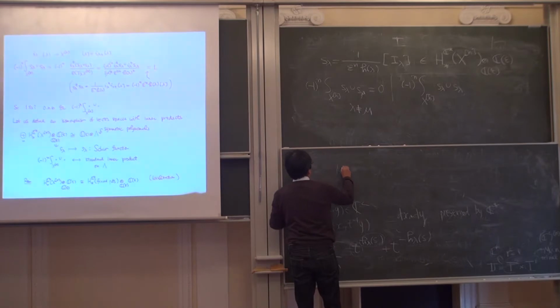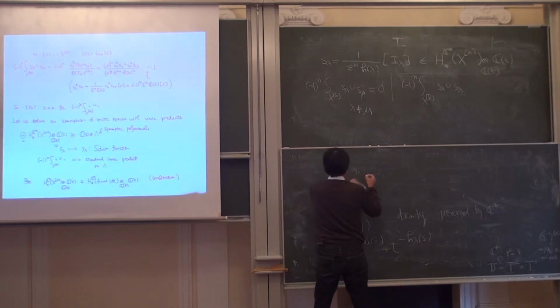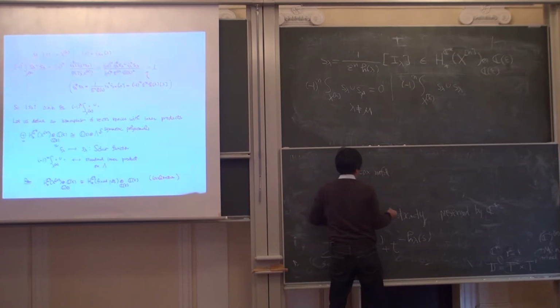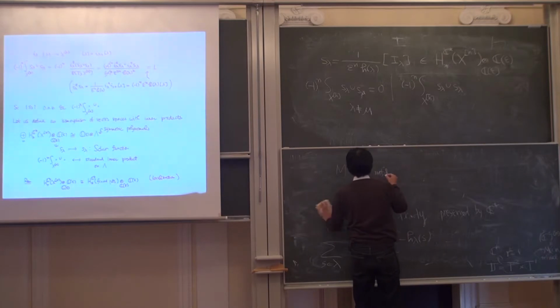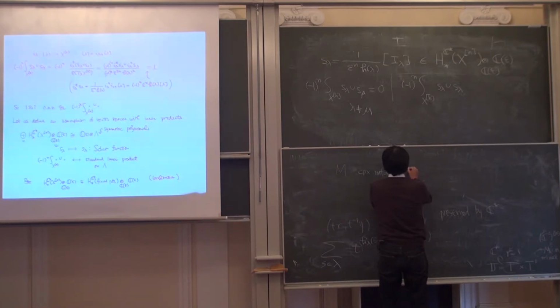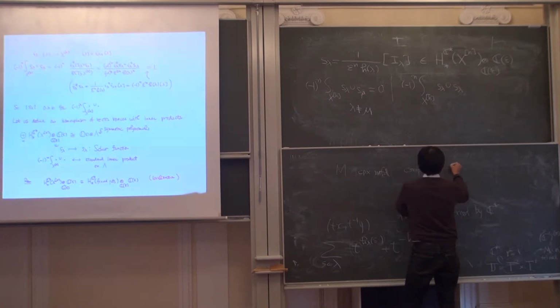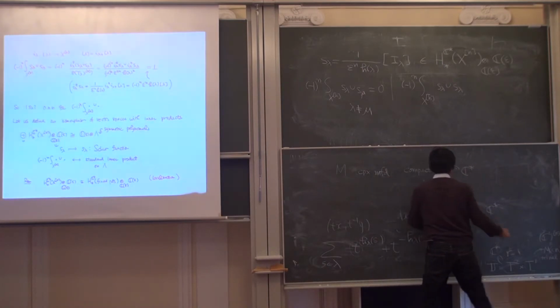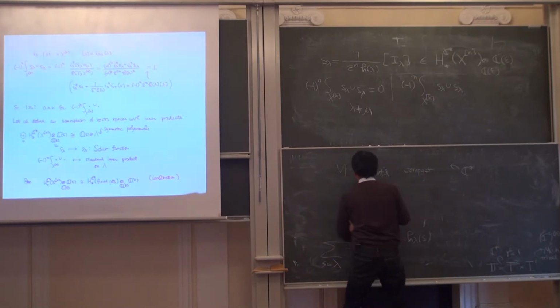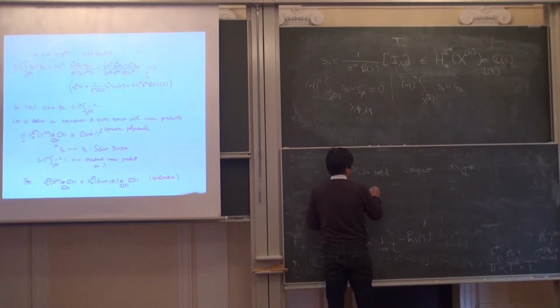If you have a complex manifold, for simplicity I first assume it is compact, and suppose you have a C-star action, and suppose you have an equivariant cohomology class.